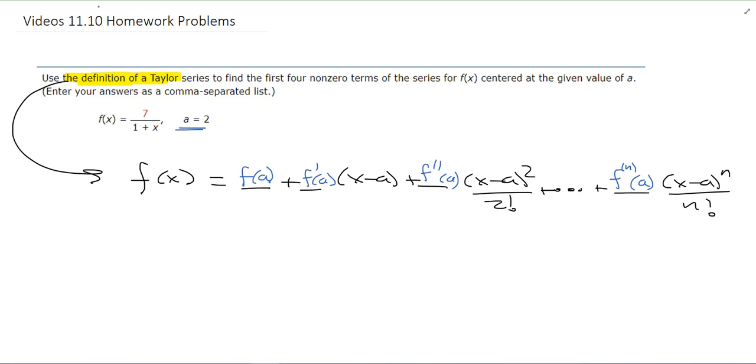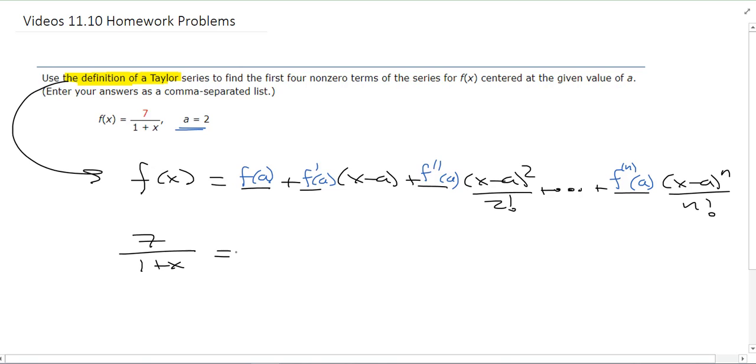In our case, we're going to see that it's centered at 2. So our function 7 over 1 plus x is going to look like blank plus blank times x minus a.